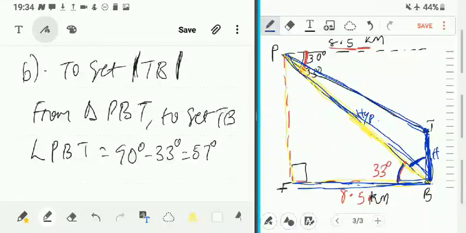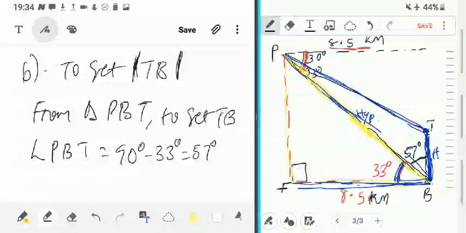Perpendicular line is always equal to 90 degree. So 33 plus something here will give me 90 degrees. So when I subtract, I have 57 degree.